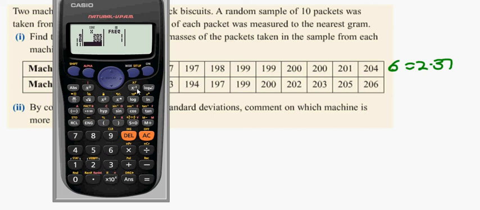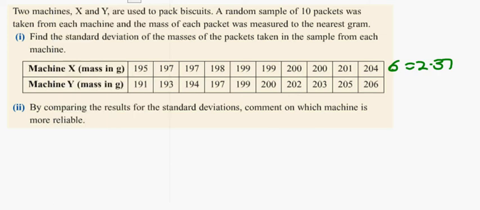Okay, then we're just going to go in, find its standard deviation, stat, variable, standard deviation being number 3, and we see that its standard deviation is 4.9. Just want to see what its mean is out of interest. Its mean is also 199.